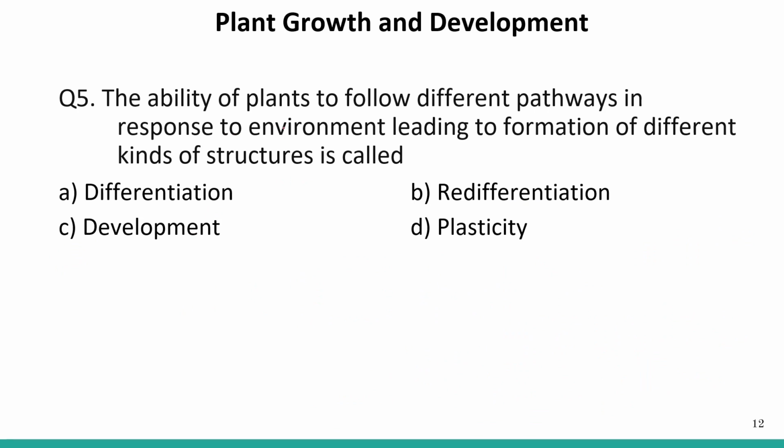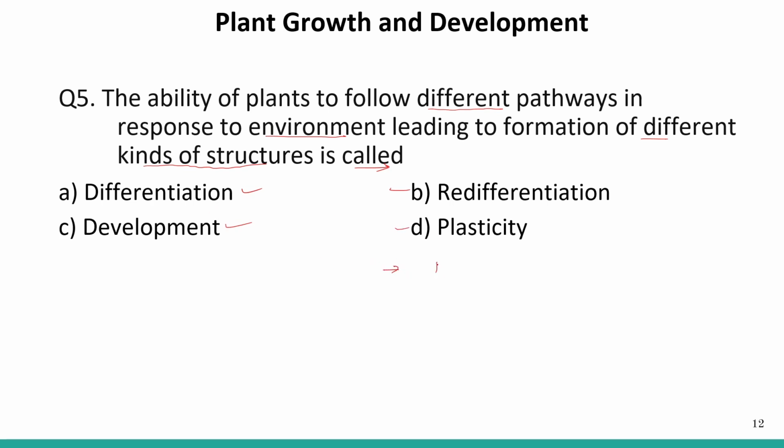The next question is: the ability of plants to follow different pathways in response to environment, leading to the formation of different kinds of structures, is called. Okay, so the options are differentiation, redifferentiation, development, and plasticity. All right.